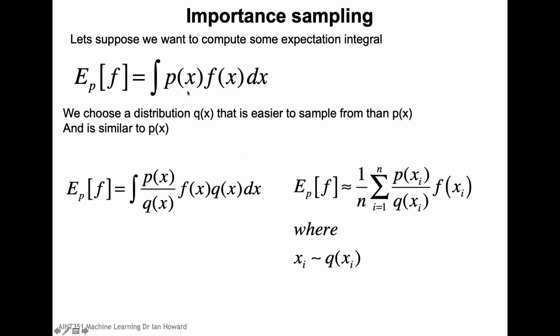But now we can sample from Q of x rather than sampling from P of x, and we've got this scaling factor in front of it instead. That's basically the idea, and it's the same if you're doing a discrete example. We have our function and we're just multiplying by a scaling factor for this value now, rather than directly using the value.